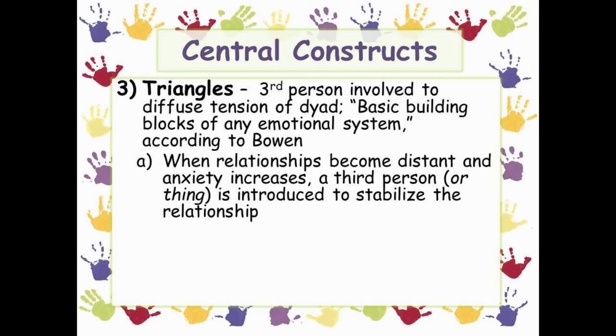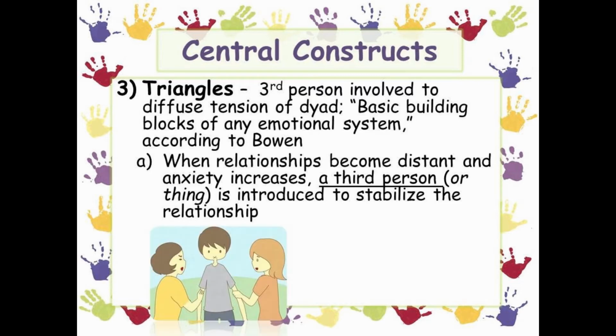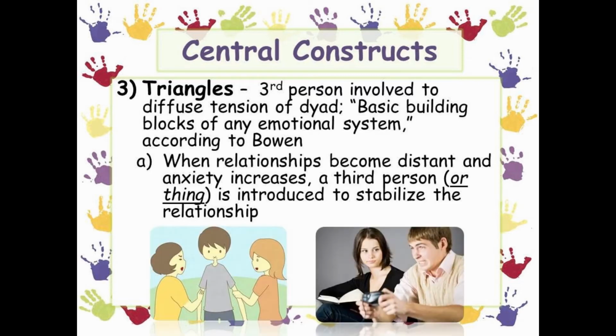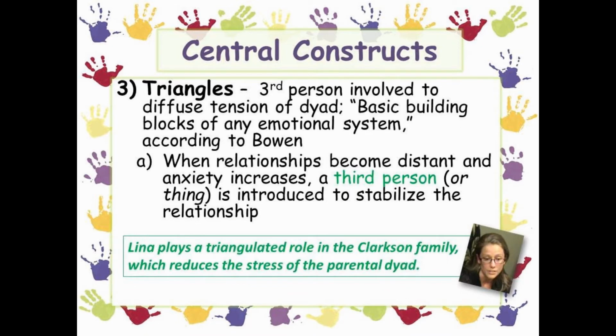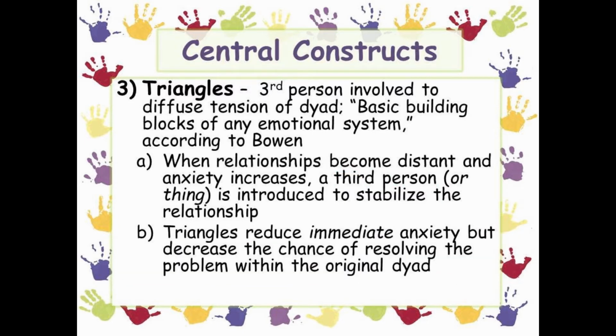When relationships become distant and anxiety increases, a third person or thing is introduced to stabilize the relationship. Among the Clarksons, Lena plays a triangulated role in order to reduce the stress of the parental dyad. Now, please note that triangles reduce immediate anxiety, but also decrease the chance of resolving the problem within the original dyad.